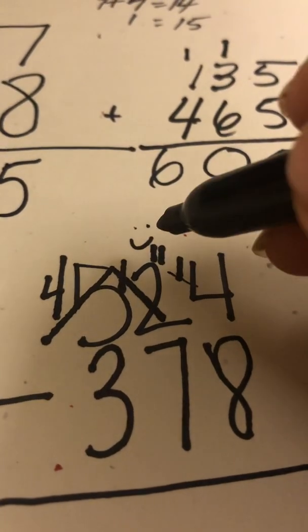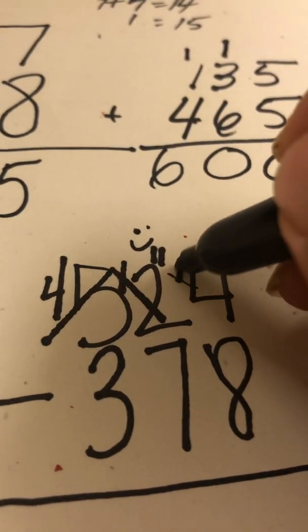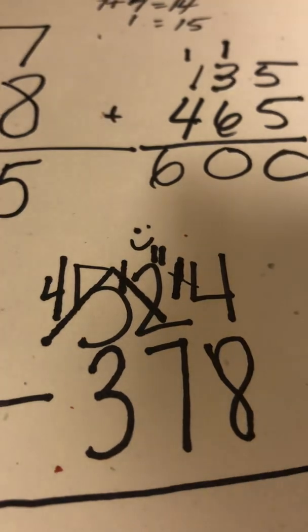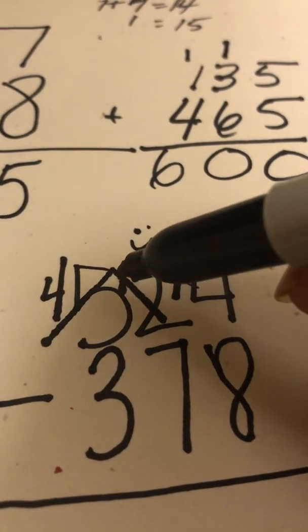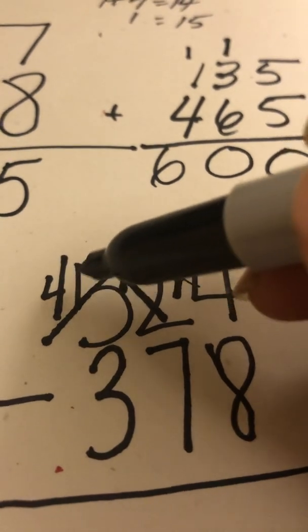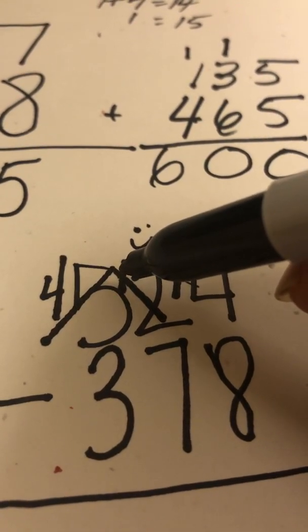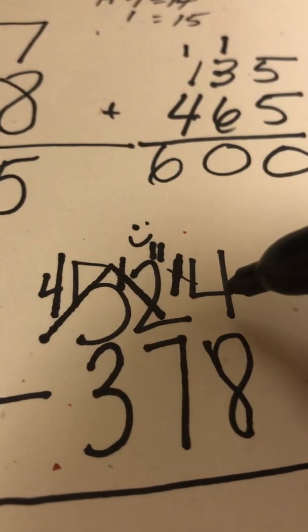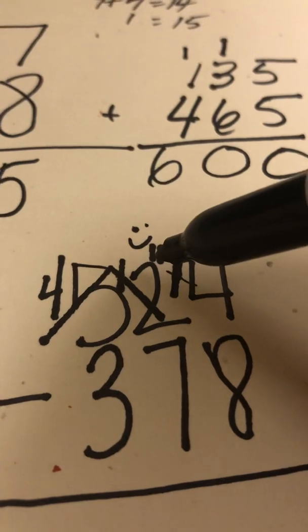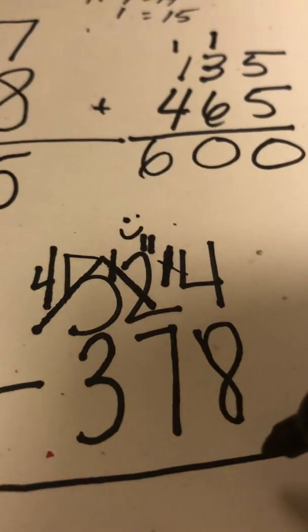So now the 4 becomes a 14, and the 2 becomes an 11 because the hundreds place let him borrow. So now he's 12, but then he let the ones place borrow, so now he's 11, and so now you have 14. So what is 14 minus 8?